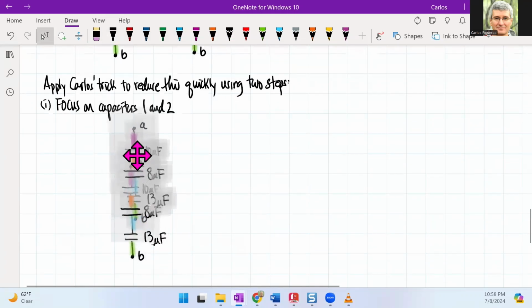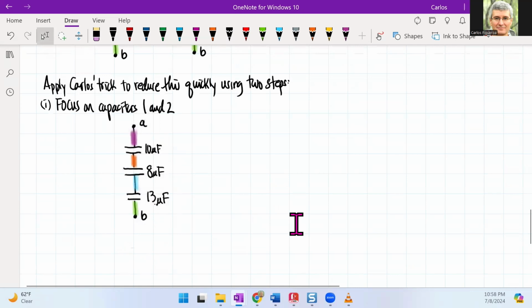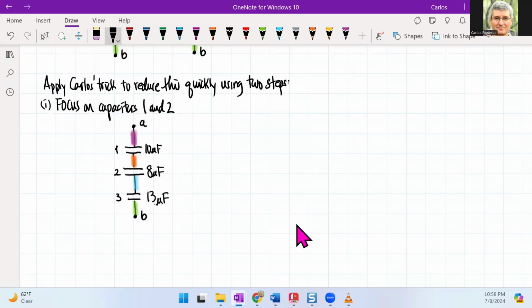For the sake of simplicity, I'm just going to go down and say this is 1, this is 2, this is 3. So what I'm doing here is I'm going to focus on these guys. So now I want to reduce C1, C2 into a capacitance that's equal to C12.